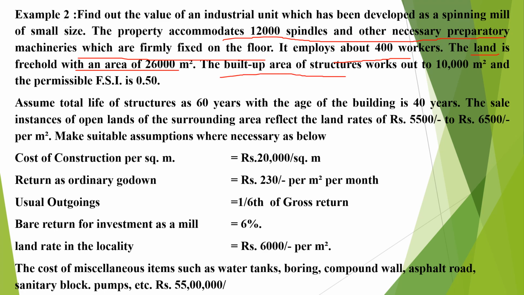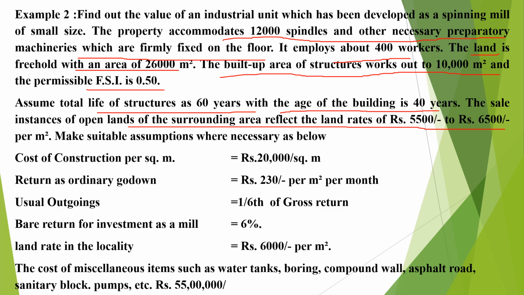The built-up area of the structure works out to 10,000 square meter and permissible FSI is 0.5. Assume the total life of the structure as 60 years with the age of the building as 40 years. The sale instances of open lands of surrounding areas reflect land rates from 2500 to 6500 per square meter. Make suitable assumptions wherever necessary as below.